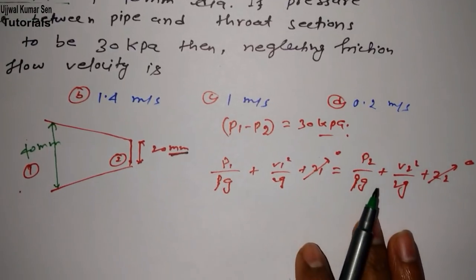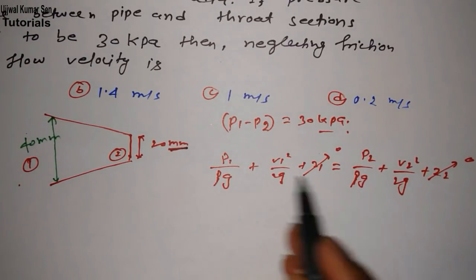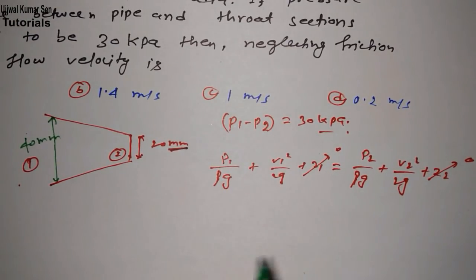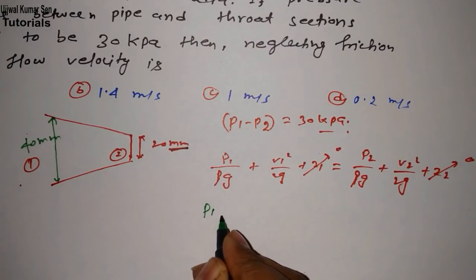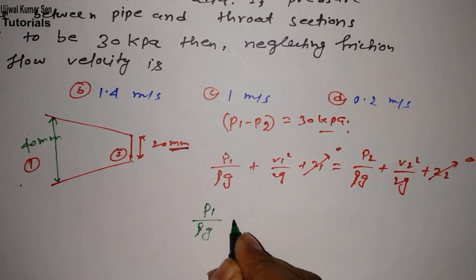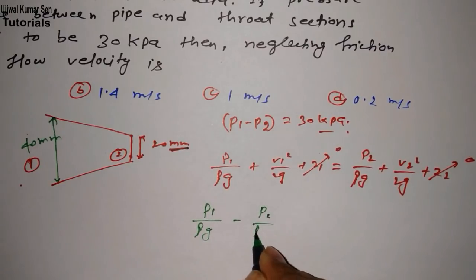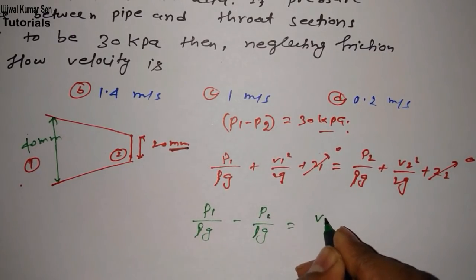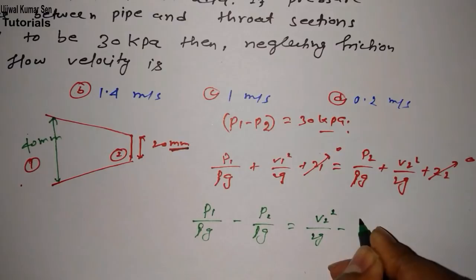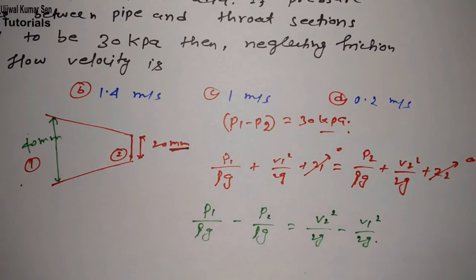So what we got here, we just send this one to this side and this one to that side. P1 by rho g minus P2 by rho g is equal to V2 square by 2g minus V1 square by 2g.